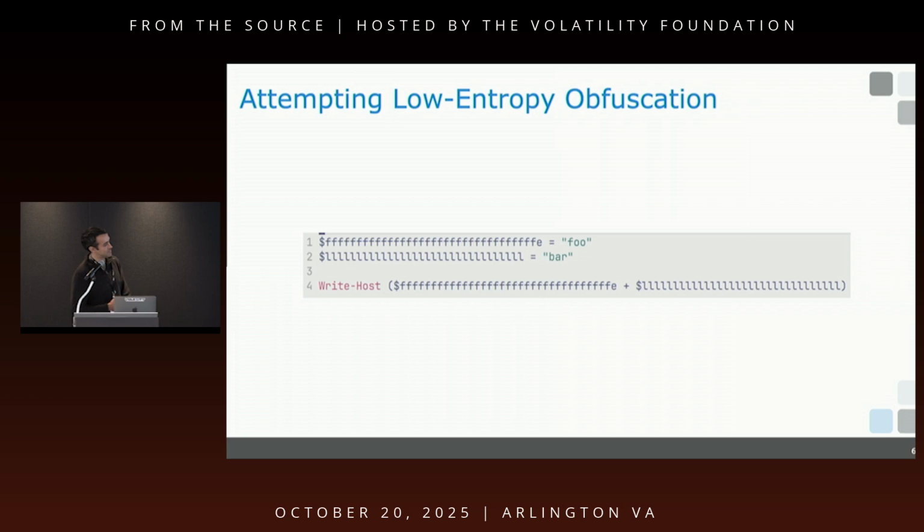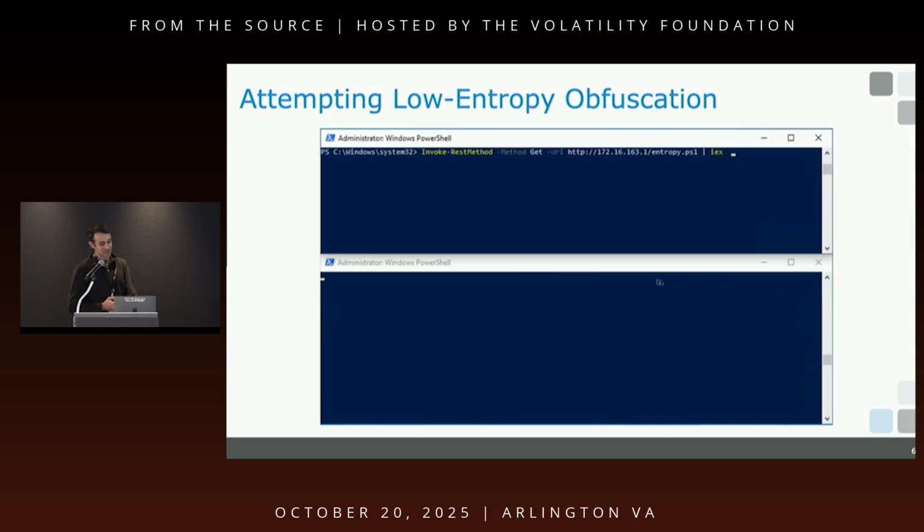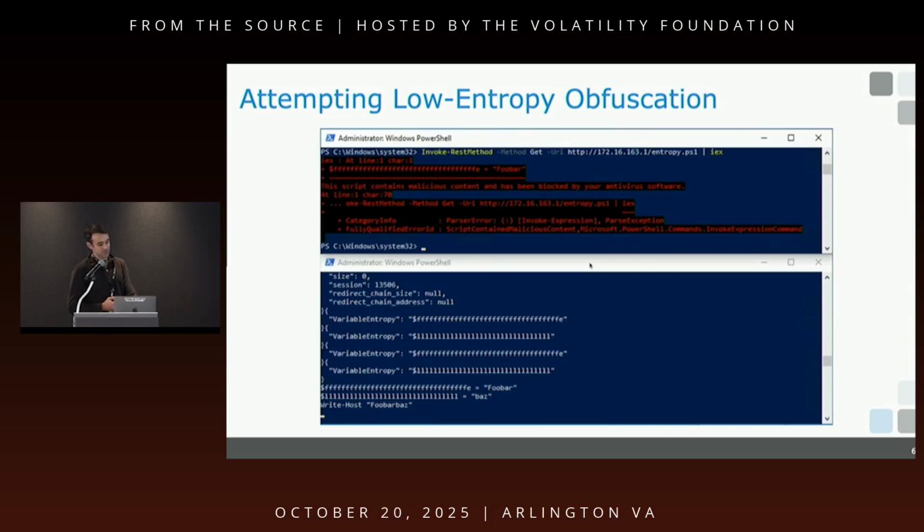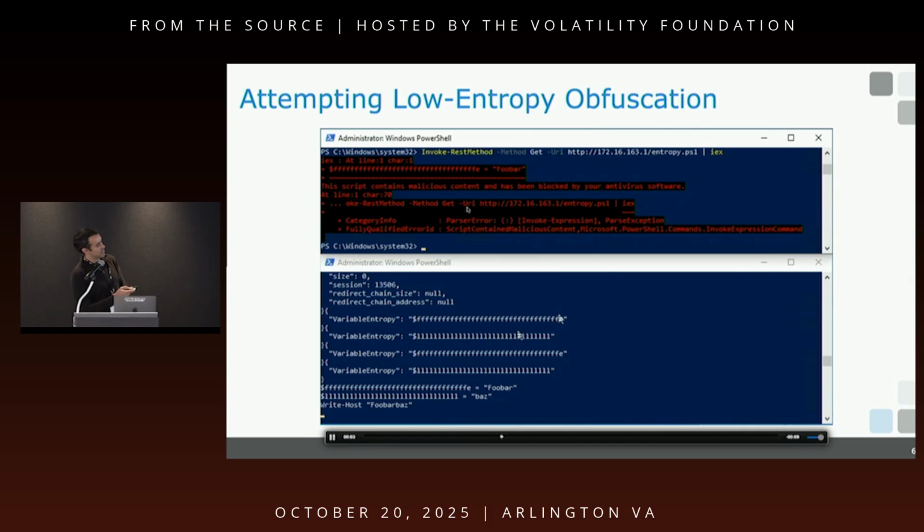This is just horrible variable names. This is also good for busting bad developers. So when we run this, it blocks this as malicious, so to speak, because it's messing with the program entropy. And we see all these hits on the bottom for variable entropy.